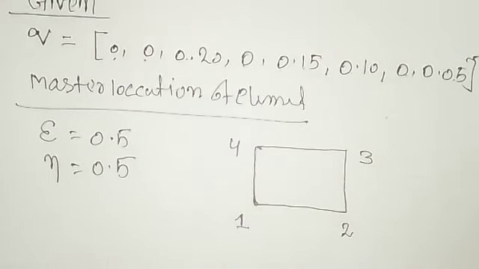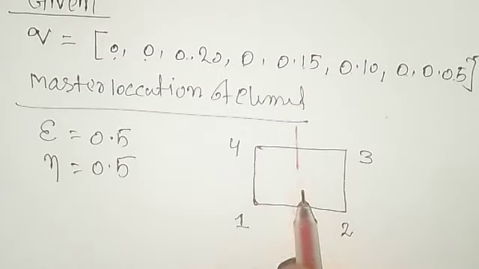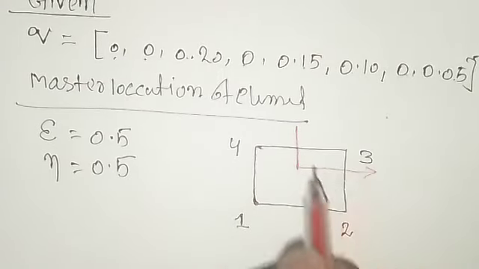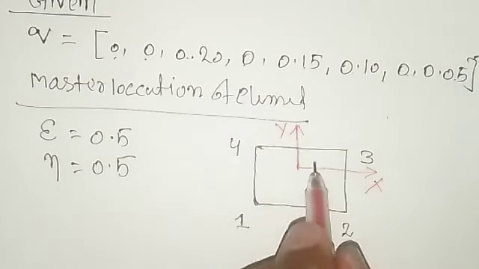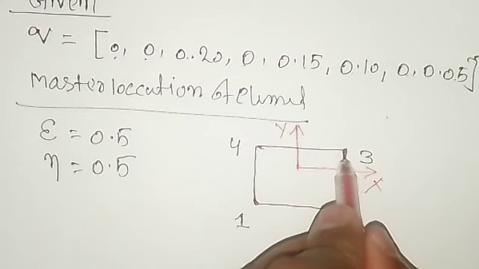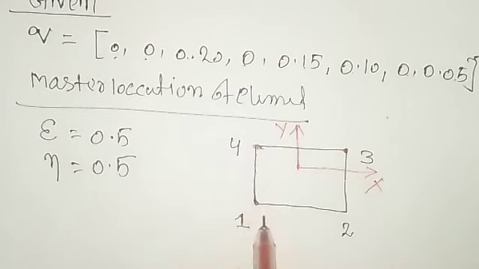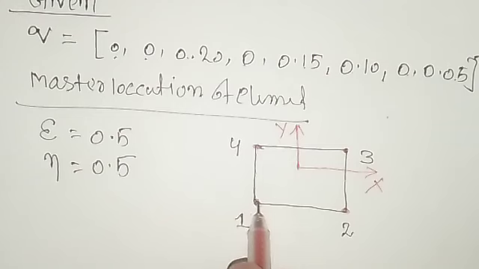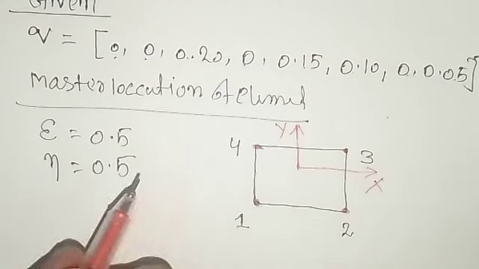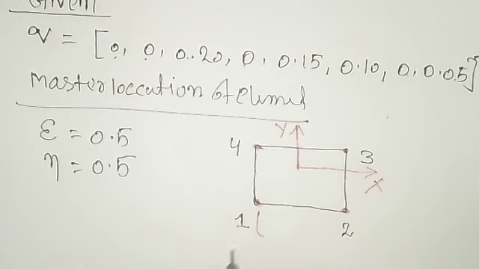Now this quadrilateral body is kept in a plane, assume this is our xy plane. This is the x and this is the y. So if you see, node 1 is in the third quadrant, node 2 is in the fourth quadrant, node 3 is in the first quadrant and node 4 is in the second quadrant, right? These master locations we can denote by psi and neta. In the third quadrant, x and y both are negative, so it is minus psi and minus neta.